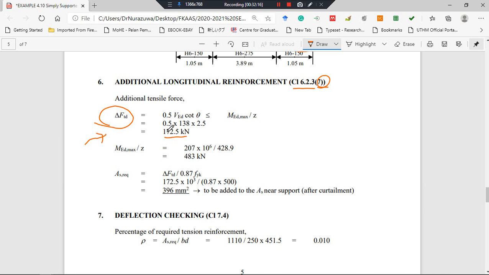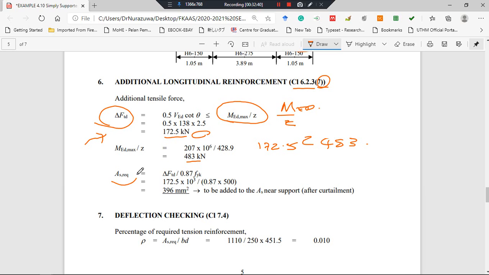This additional tensile force must be checked with the maximum moment divided by Z, MED over Z. The MED over Z is 483, and we get this 172.5 is less than 483.